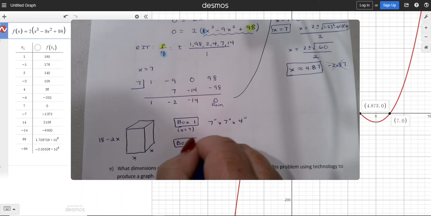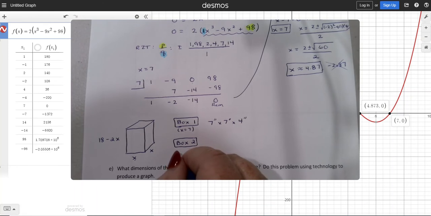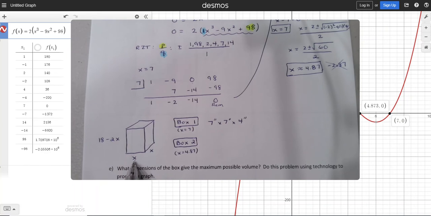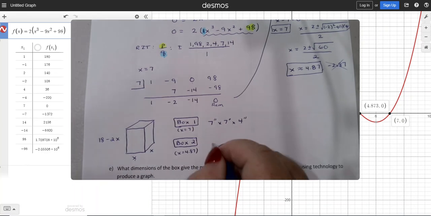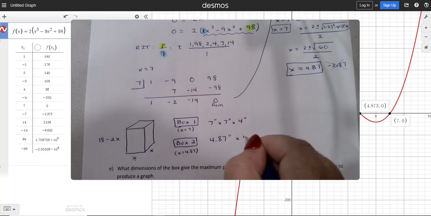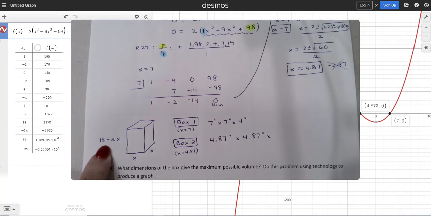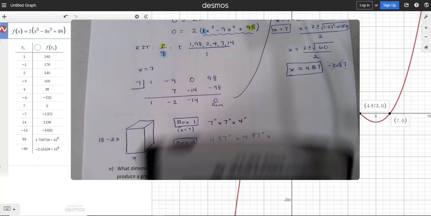The second possible box has the x value of about 4.87. So again, the base is x by x, so 4.87 inches by 4.87 inches. And then I'd have to do 18 minus 2x to calculate the height.